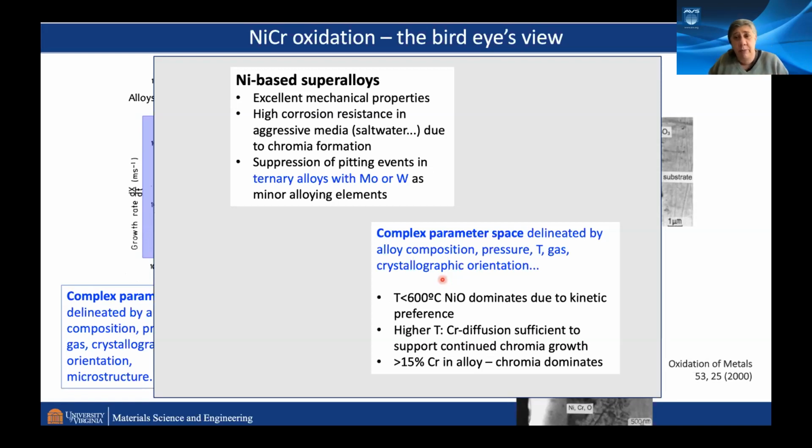Let me point out, chromium is really expensive. So you want to have very, very little in the alloy. And the other thing, its mechanical properties are not great if you add more and more chromium. So that's the interplay between what you want to have from the bulk material and what you need in order to have a protective oxide.